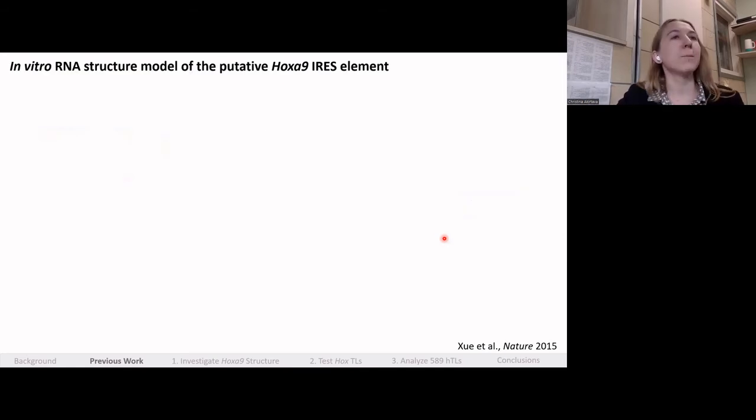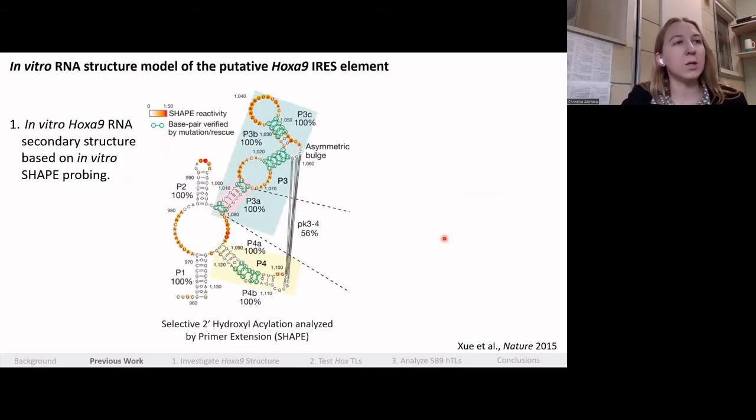Later in the paper, they also generated in vitro Hoxa9 RNA and probed its structure using SHAPE probing in vitro. They identified these 4 different domains, which they labeled P1, P2, P3, and P4. So this was the 3' end of that HOXA9 transcript leader, which was shown to impact F-Luc activity.